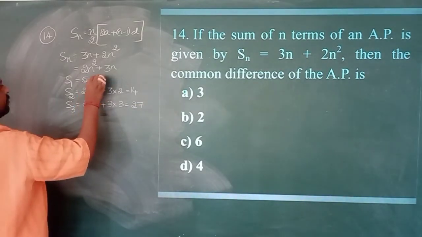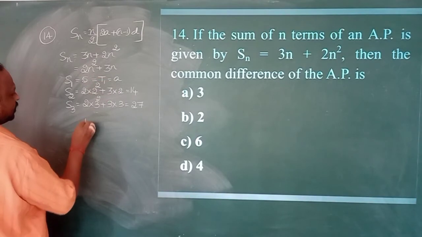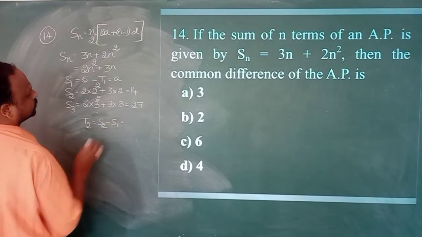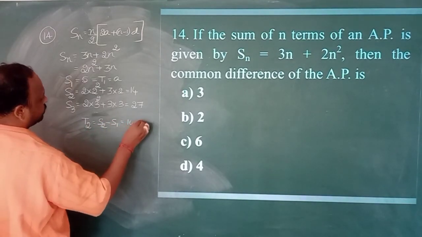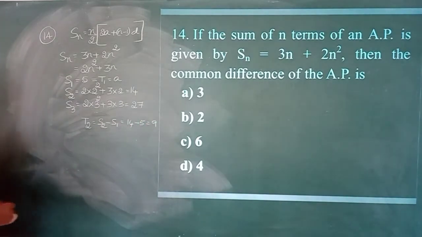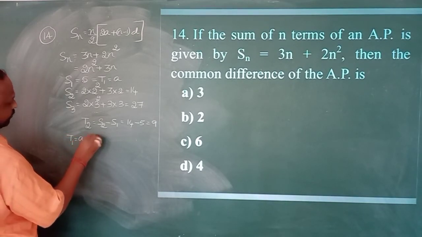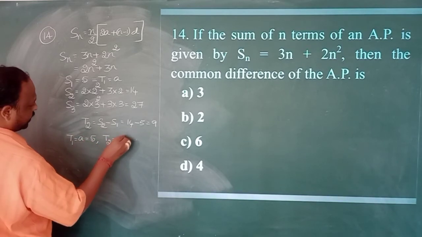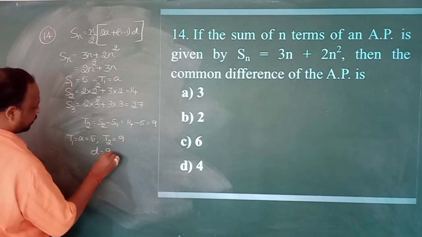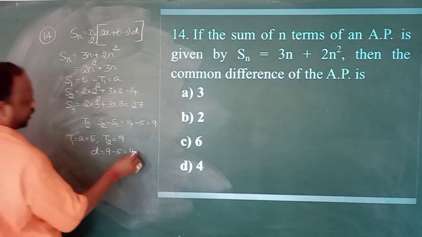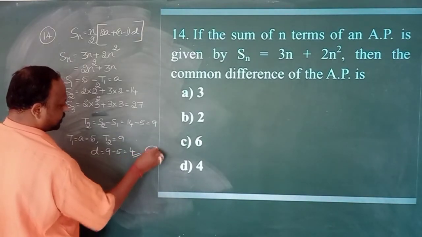S1 is T1 itself and this is a, and T2 will be S2 minus S1, so that will be 14 minus 5, 9. Here T1, which is equal to a, is equal to 5. T2 will be 9. d will be 9 minus 5, that is equal to 4. This is one method. Option D is the answer.